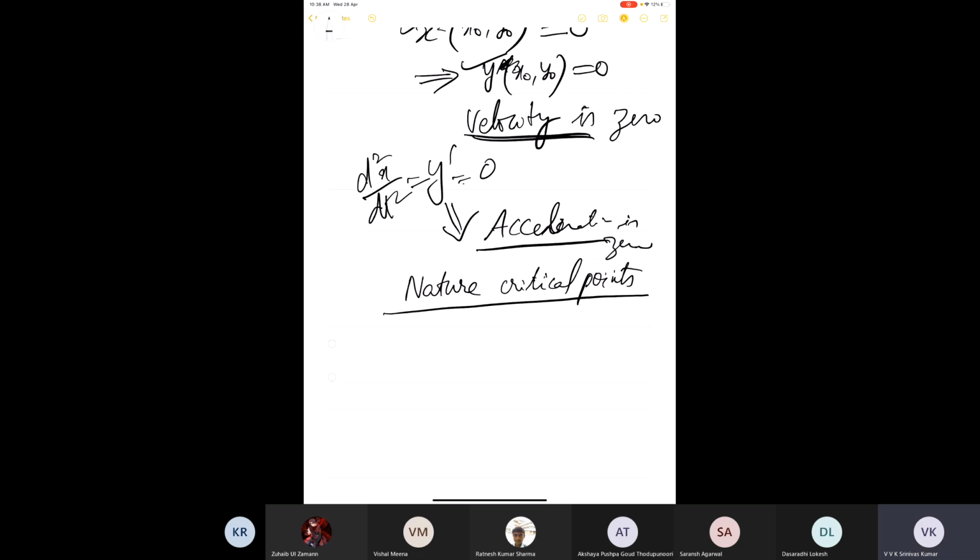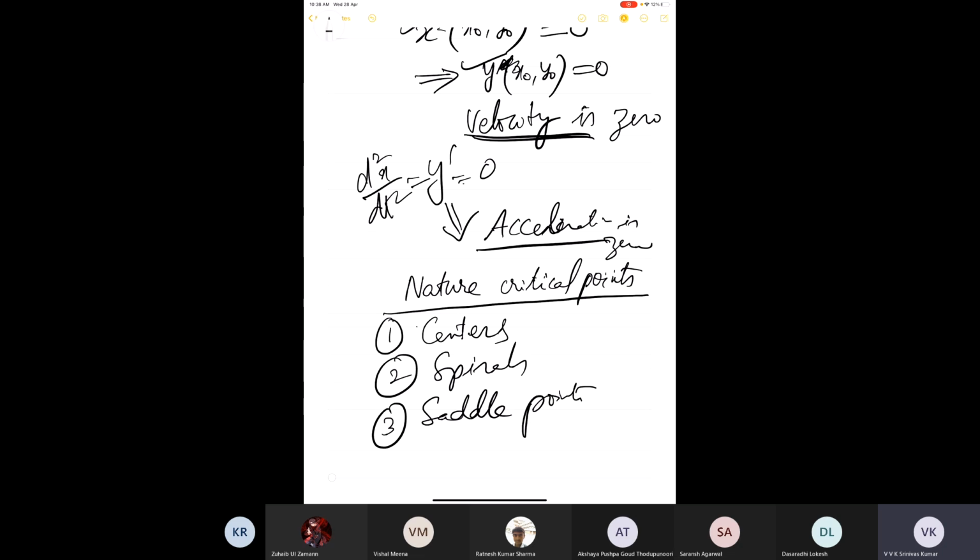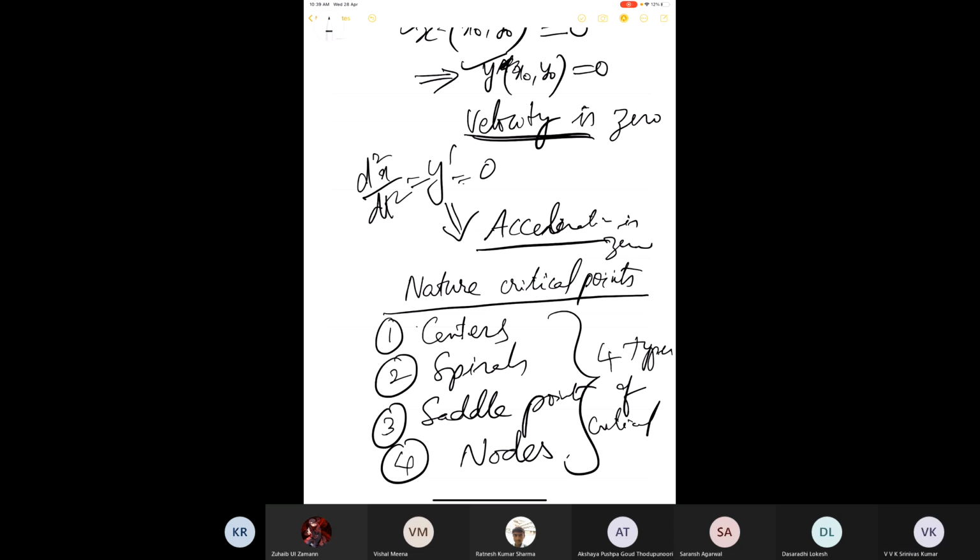The nature will be like they are centers, sometimes they are spirals, sometimes they are saddle points, and sometimes they are called nodes. These are the four types of critical points. These we'll all study in detail. When do you call a critical point which?